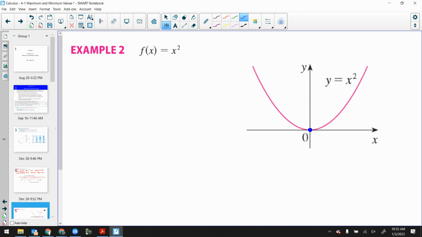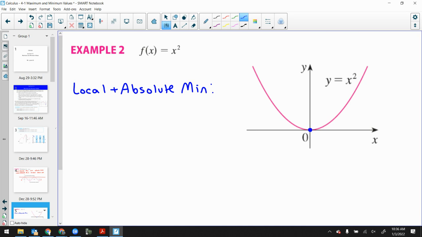Is that a local, absolute, or both? Both, right? It's both a local and an absolute minimum value.